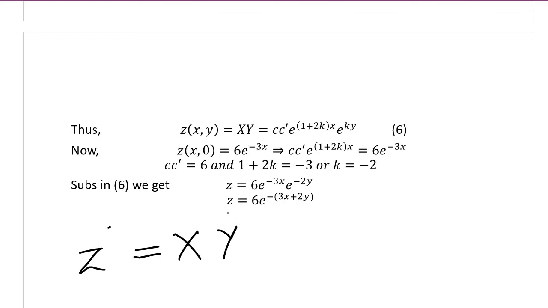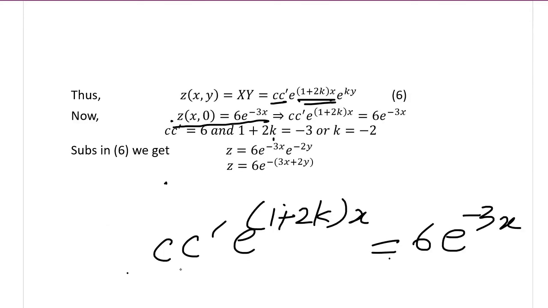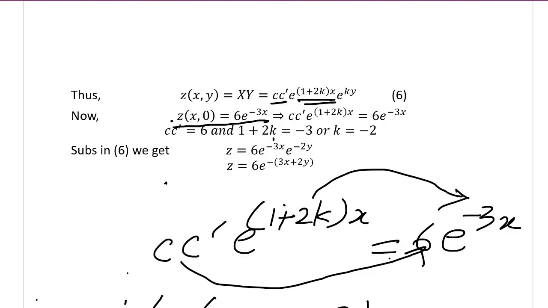This is what we will be left with. Now equating both sides, the constant c' is equal to 6, and 1 + 2k is equal to −3. So we are left with two things: c' = 6 and 1 + 2k = −3. From this I'll have 2k = −4 and k = −2.